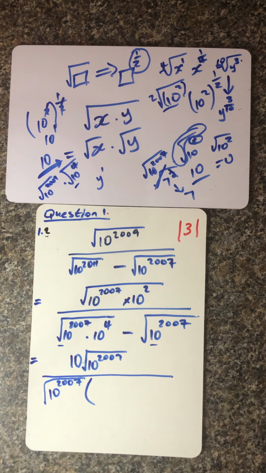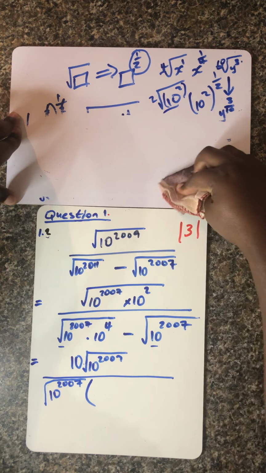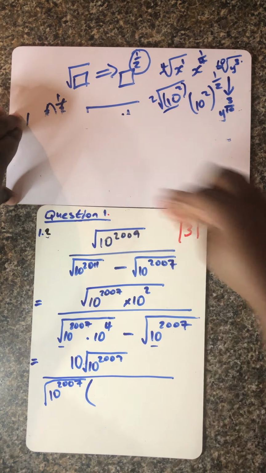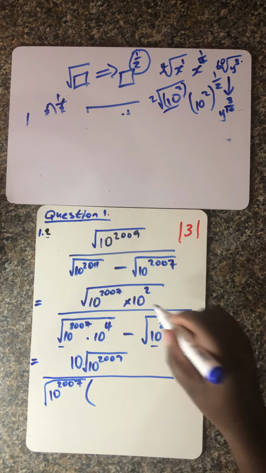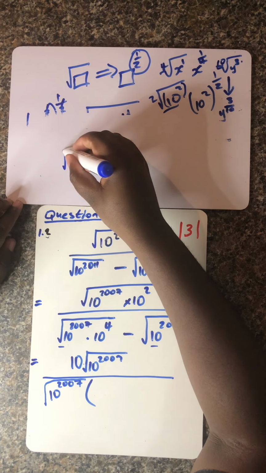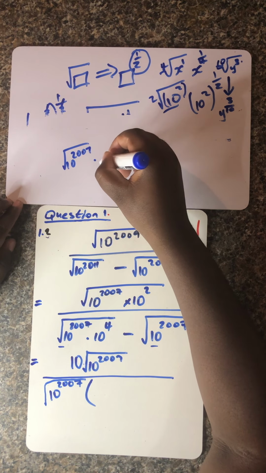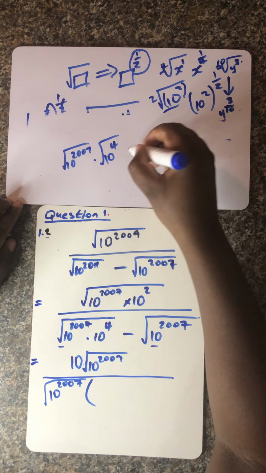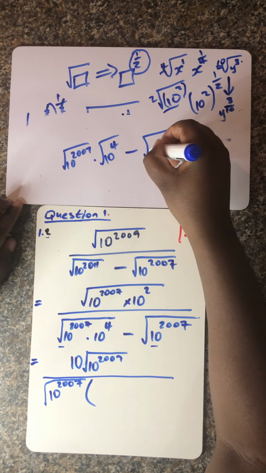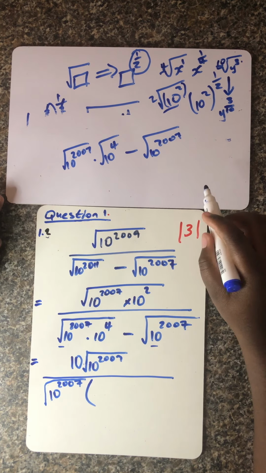Let me just do it there so that you fully understand, ladies and gentlemen, just in case you are a bit lost. So remember, just for this part at the bottom, it's the square root of 10 to the exponent 2007, right? Multiplied by the square root of 10 to the exponent 4, okay? Minus the square root of 10 to the exponent 2007. I hope now it makes sense.